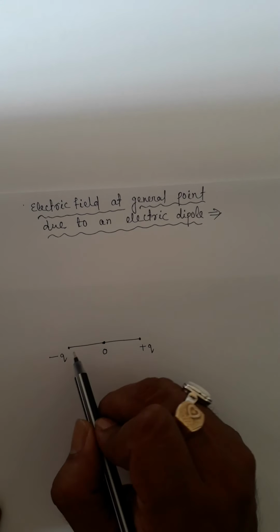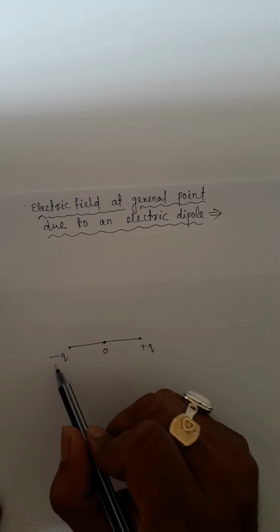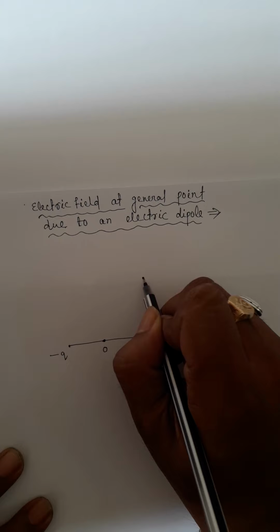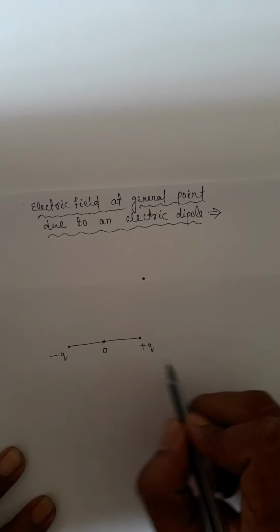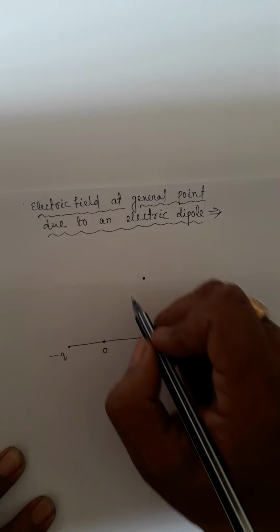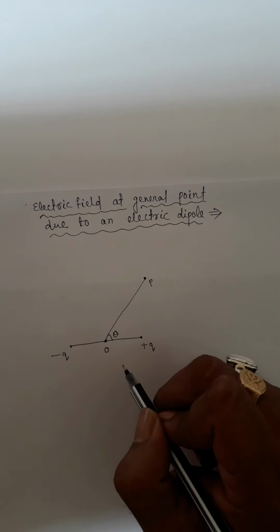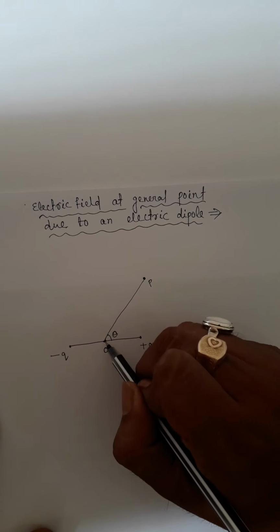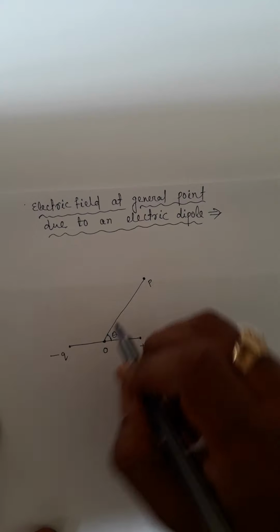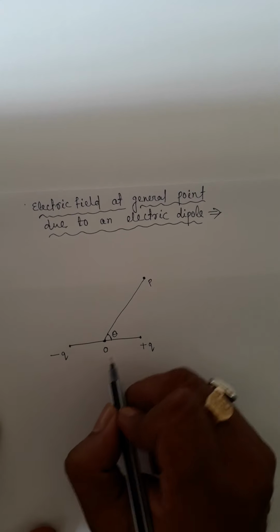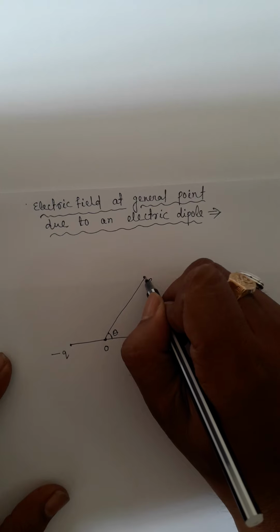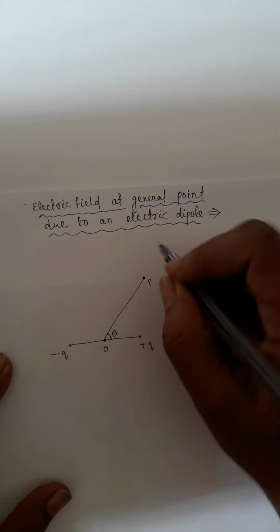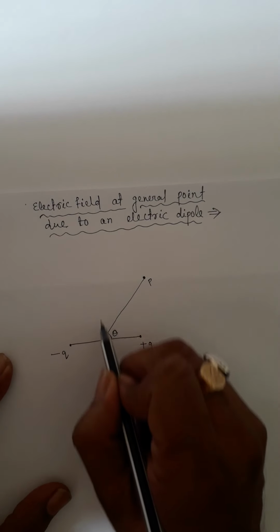Let's take an electric dipole consisting of two charges minus q and plus q, and let P be a general point, neither on the axial line nor on the equatorial line, and let O be the midpoint of the dipole, and let OP make an angle theta with this electric dipole moment vector P. We have to calculate the electric field intensity at this observation point P, which is neither on the axial line nor on the equatorial line.